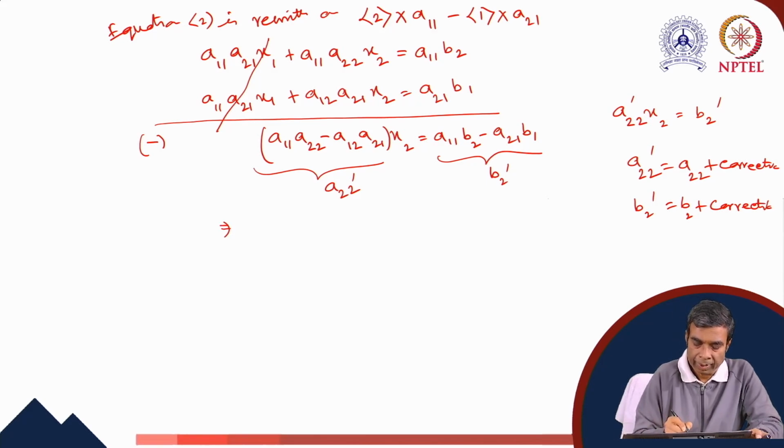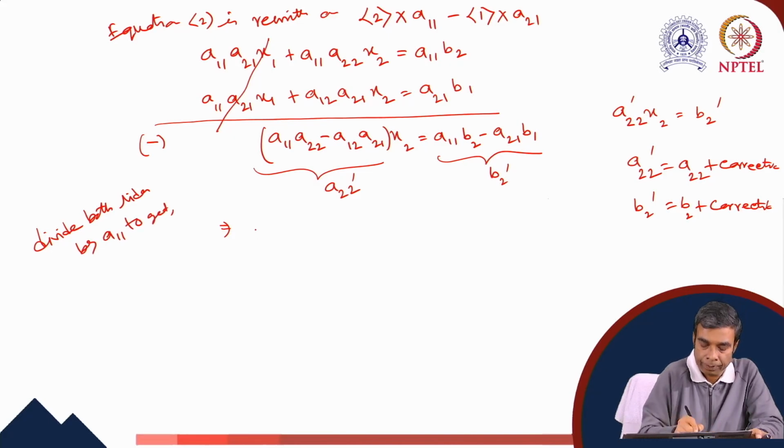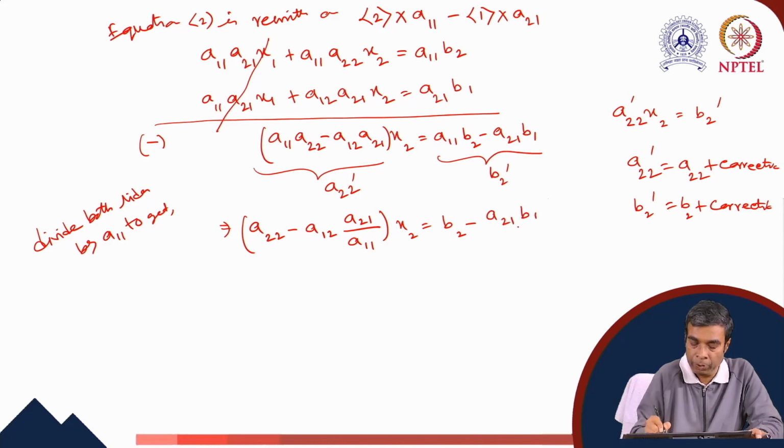To get the relationship between A22' and A22, we divide both sides of this equation by A11. Divide both sides by A11 to get A22 minus A12 A21 by A11 into x2 equals B2 minus A21 B1 divided by A11.